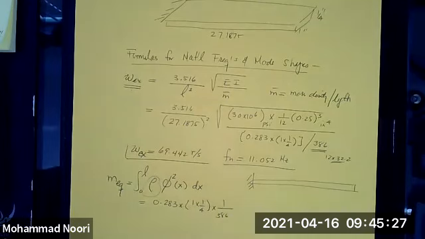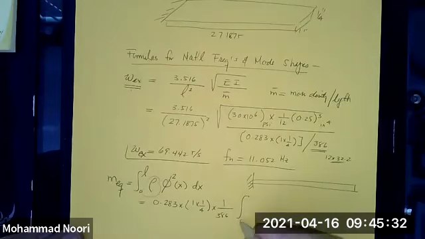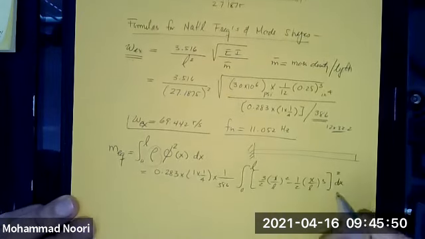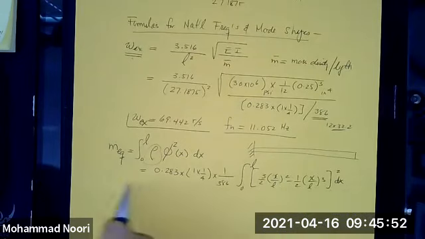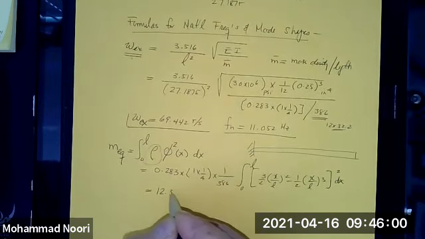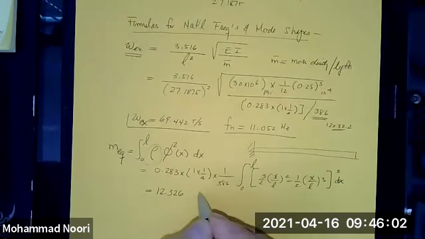I factored that out because you want to convert that to pound mass. Integral from 0 to L of the mode shape, which is 3/2 x over L squared minus 1/2 x over L cubed, squared, dx. If you evaluate this, it comes out to be 12.326 pound mass.